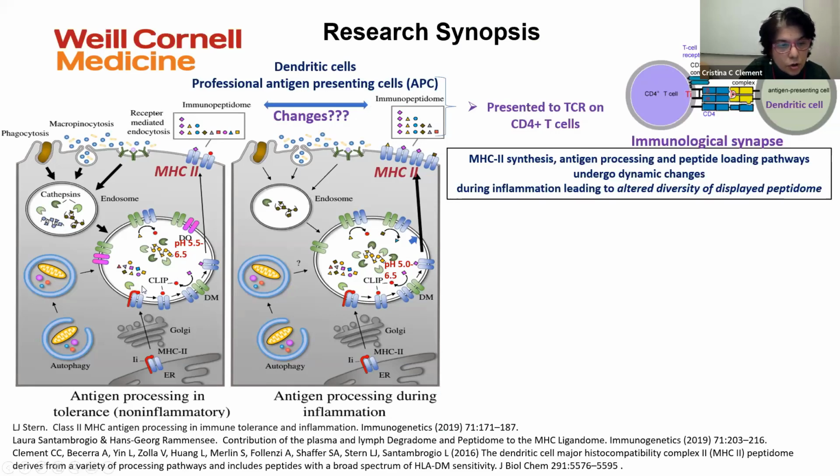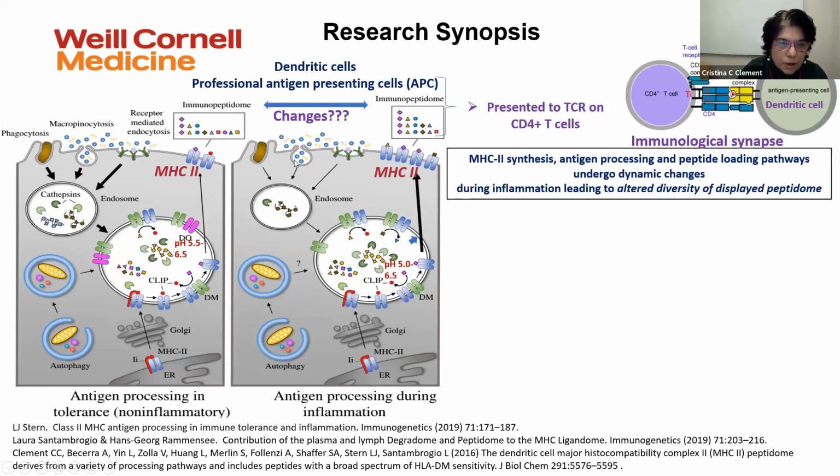There is an exchange with the CLIP peptide on the invariant chain, and that exchange is mediated by the chaperone DM. The peptides are loaded on the MHC class 2 and then transported to the cell surface, presented by MHC class 2, and thus they represent the immunopeptidome.